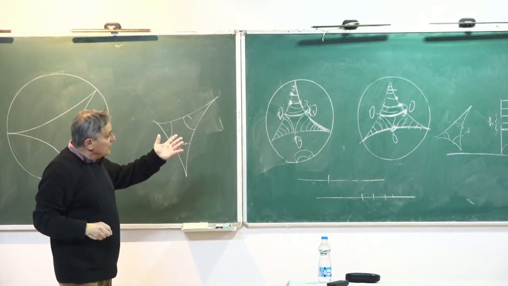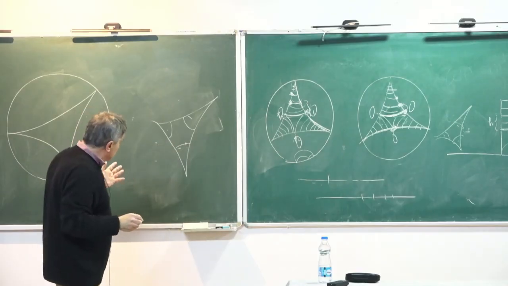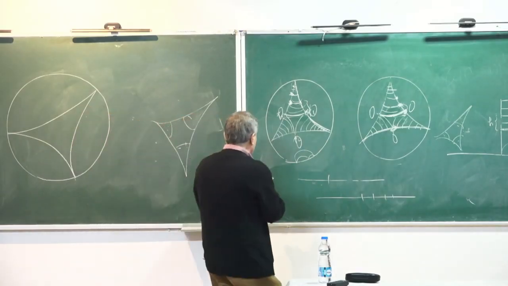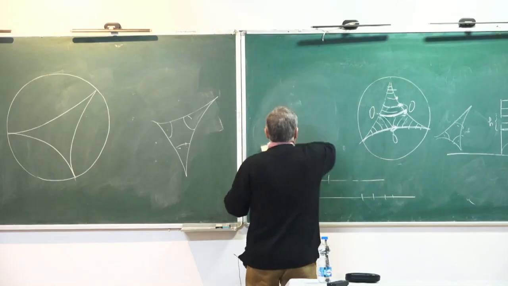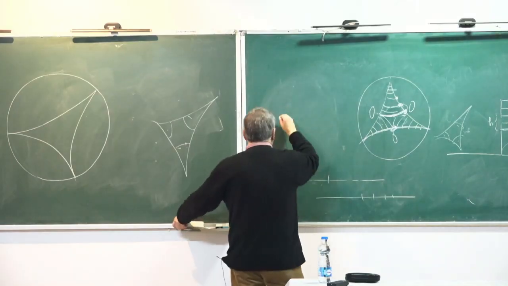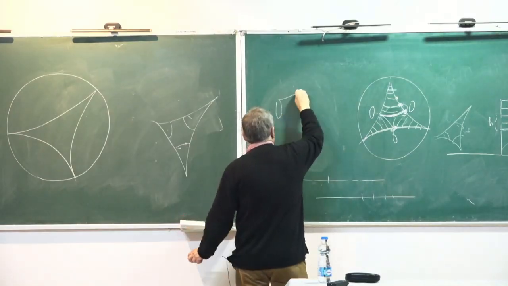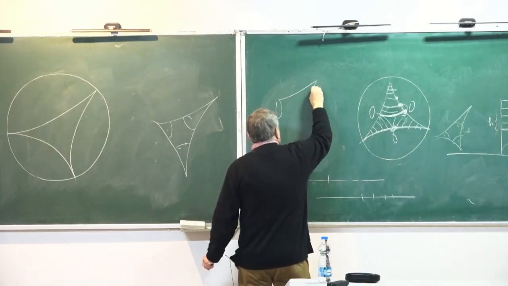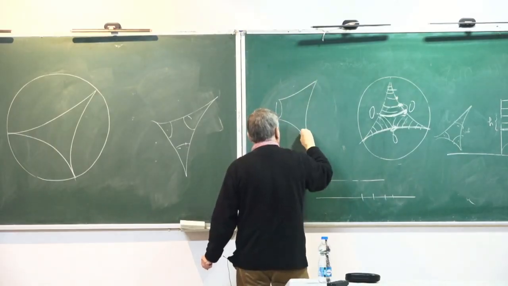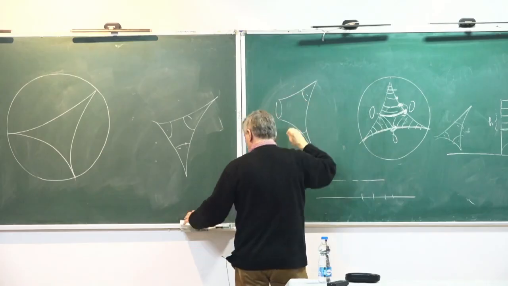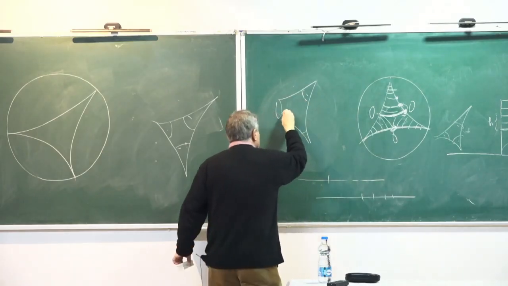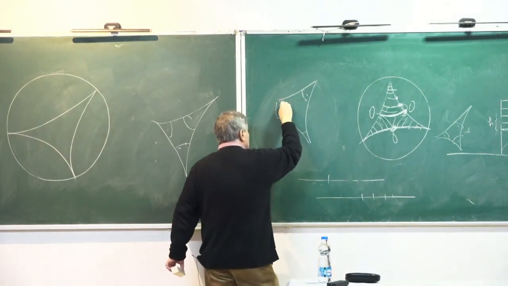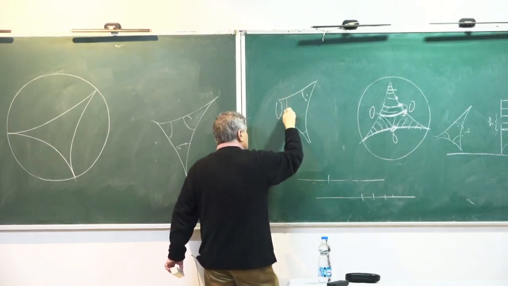But depending on whether each one is zero or not, I get either a surface like this. So the non-completeness means that these pieces of horocycles are converging to.